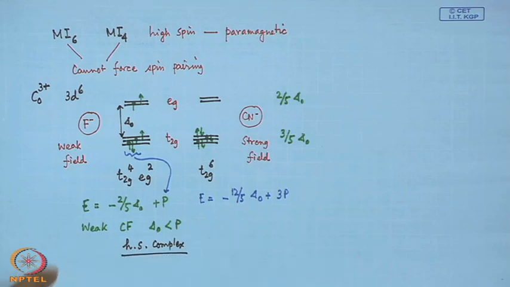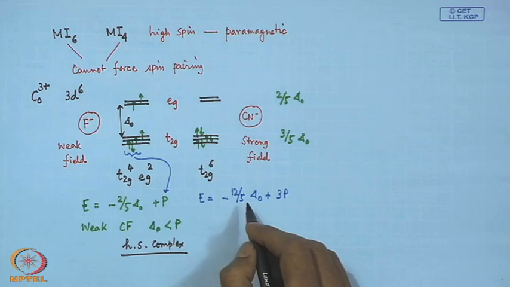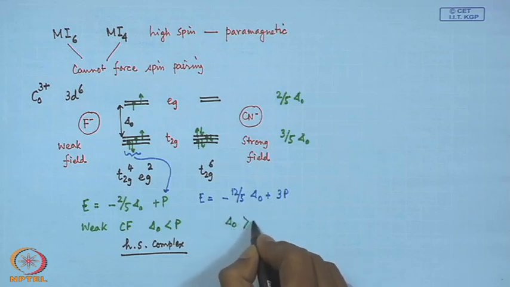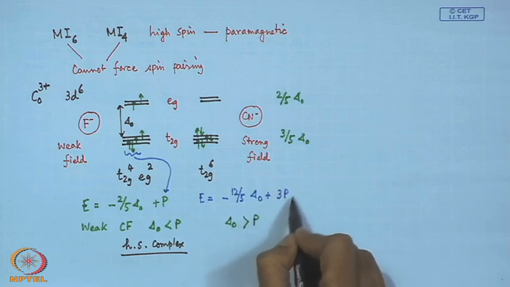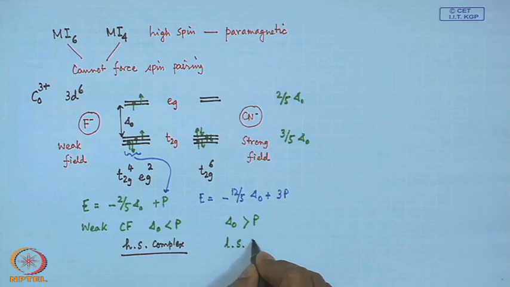Similarly, on the right hand side we have the maximum stabilization, and here delta O is greater than P. Though we have the 3 pairing energy terms, since delta O is greater than P, we get the low spin complex.